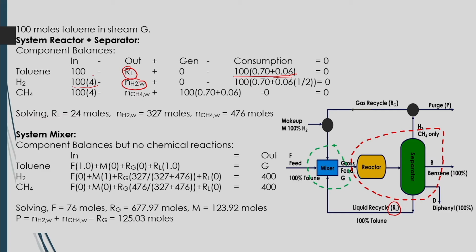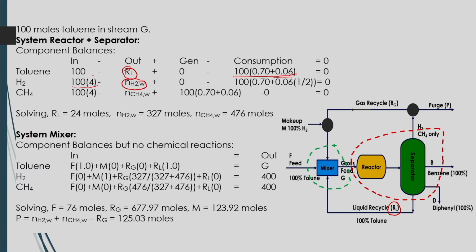And then what is the generation term of hydrogen? Since no hydrogen is generated during the reaction, the generation term will be equal to 0, whereas consumption of hydrogen will be there since there is a reaction with hydrogen.